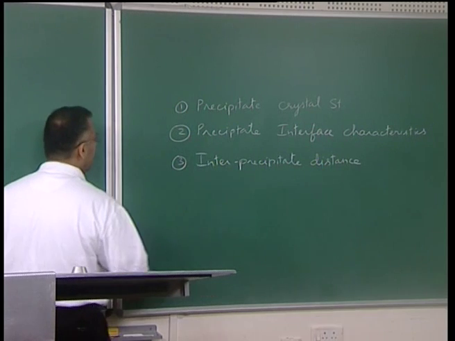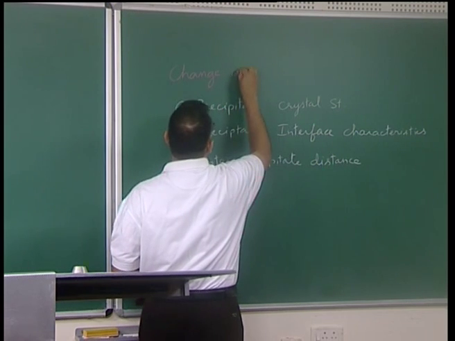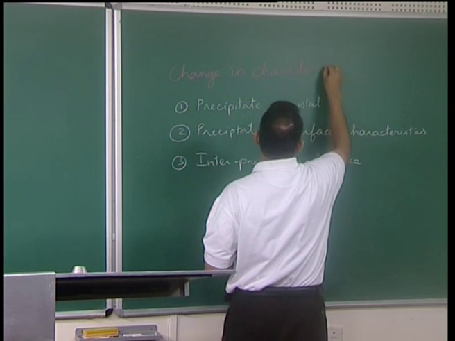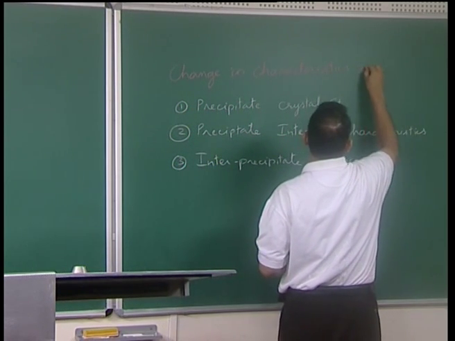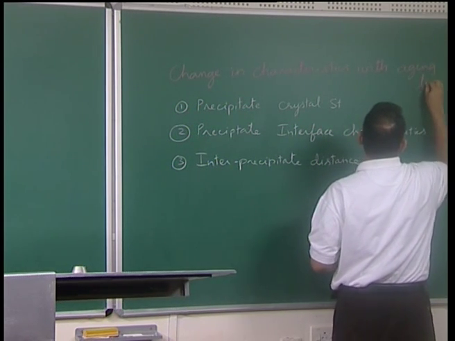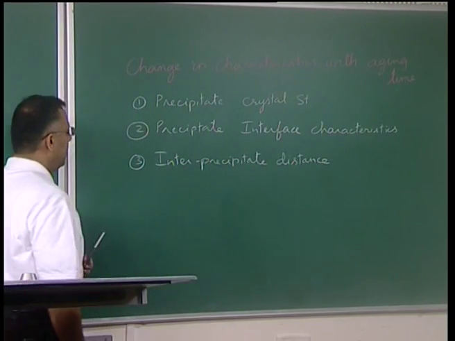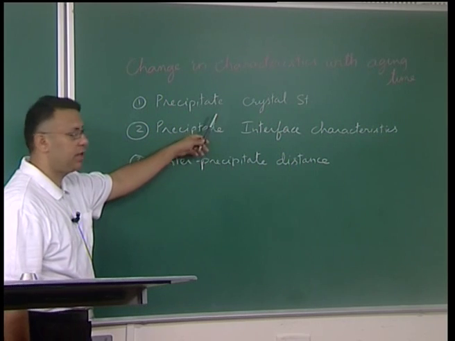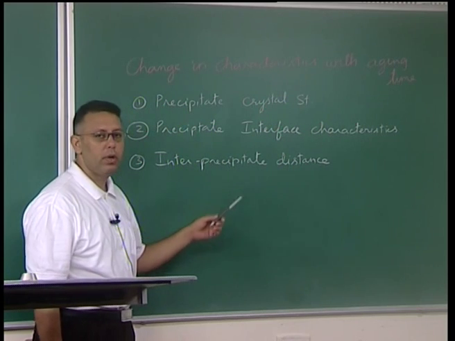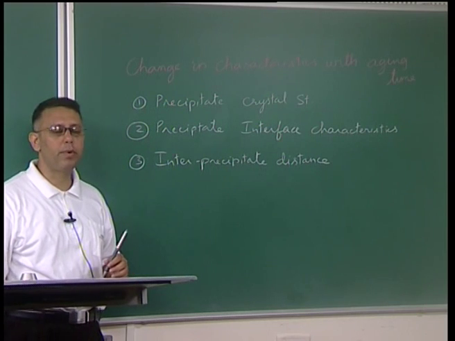So, what we are tracking is that with aging time, a lot of complex sequences are happening, and this can broadly be brought into the category of crystal structure changes, changes to interface characteristics, and finally the interprecipitate distance variation, because that is what is finally going to determine how much hardness I am going to get.